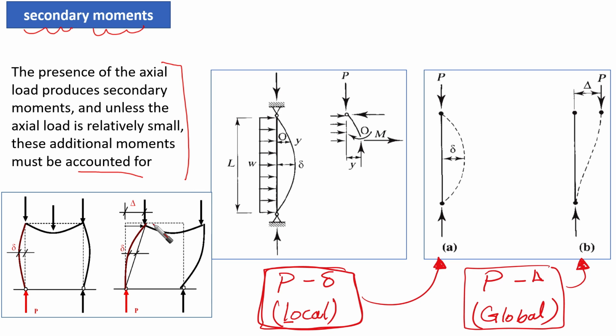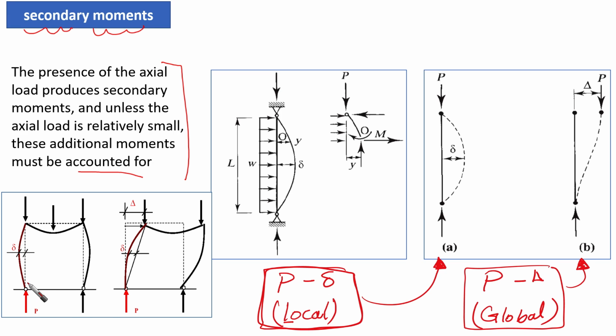If we are going to have loads on the element or on the frame, for example, that we are having here, and these loads produce small axial loads, then we can neglect any additional bending or secondary moments.